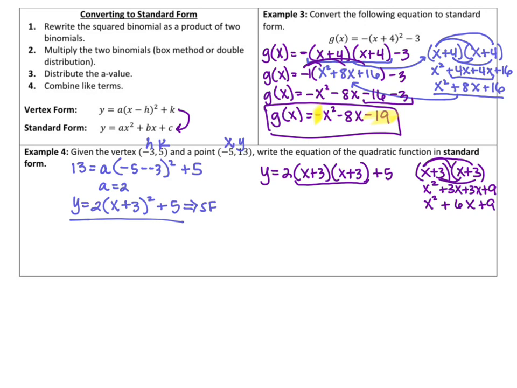Right, now I'm going to take it and I'm going to plug it back in. Y equals 2 times x squared plus 6x plus 9, close parentheses, plus that 5. Now I distribute the a value to everything, to that entire trinomial that we just created using double distribution or box method.